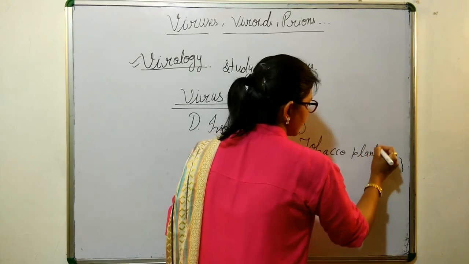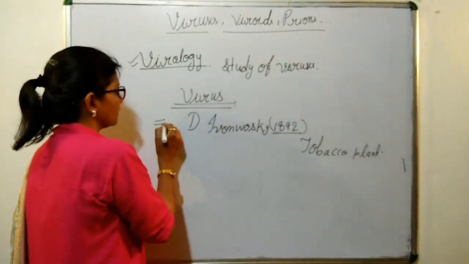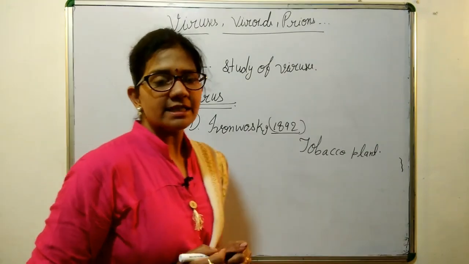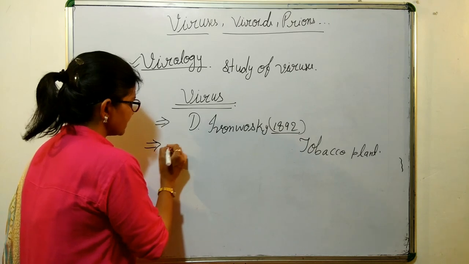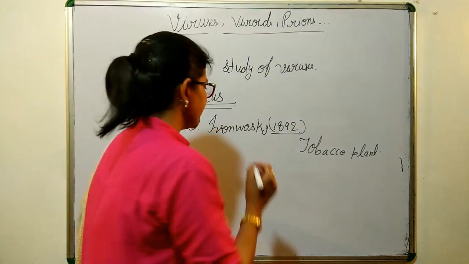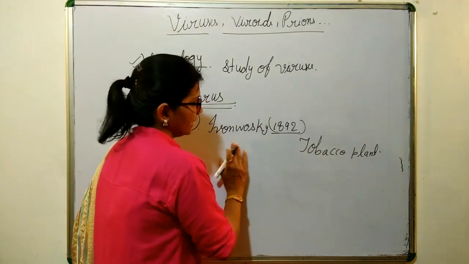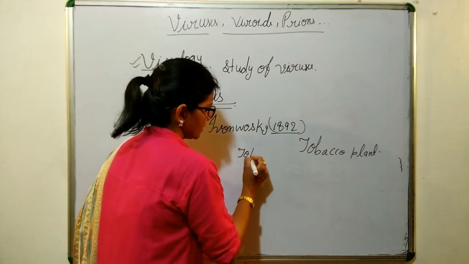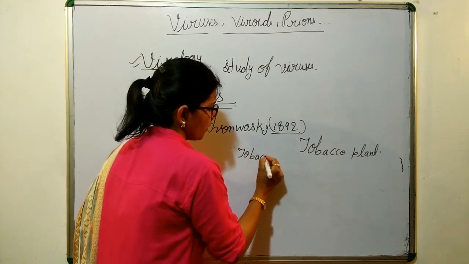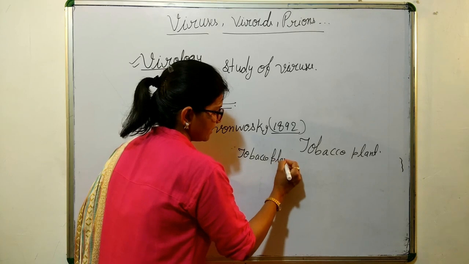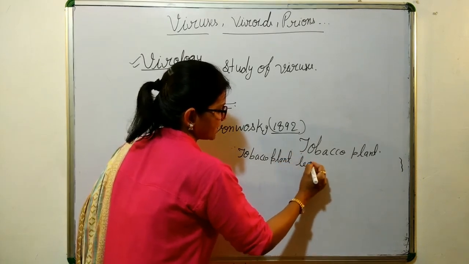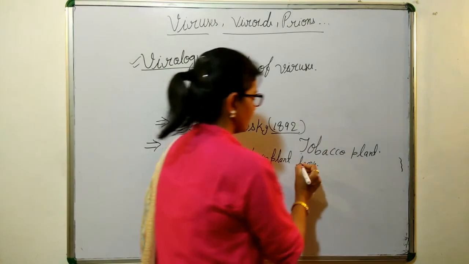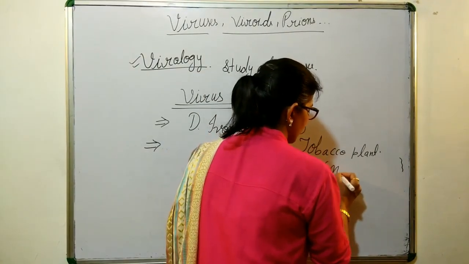So let's see the historical background of its discovery. It is very important to know. There was one scientist, Beijerinck. What he did, he took a tobacco plant leaf. This leaf was diseased, and the disease was mosaic disease.